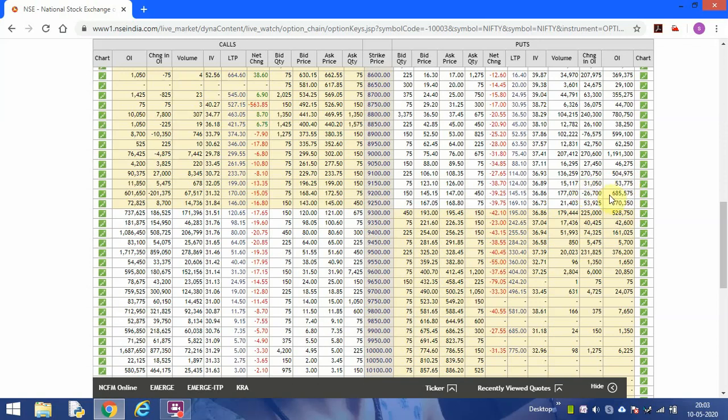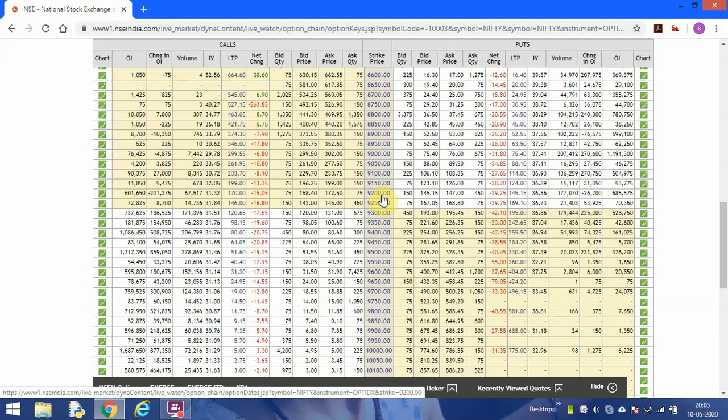Then you see here the 9,000 level. On this level you see 1,000, here 11 lakhs, then 2,70,000. So you can take three levels.